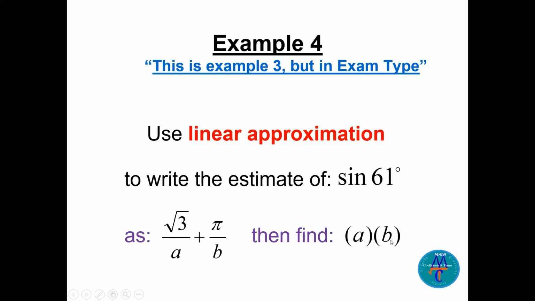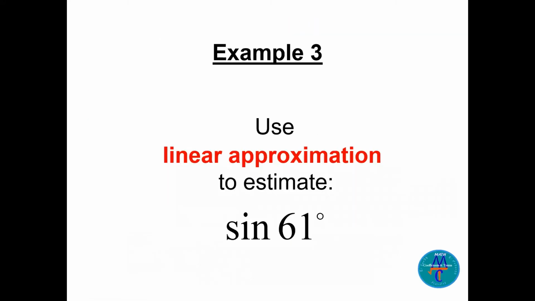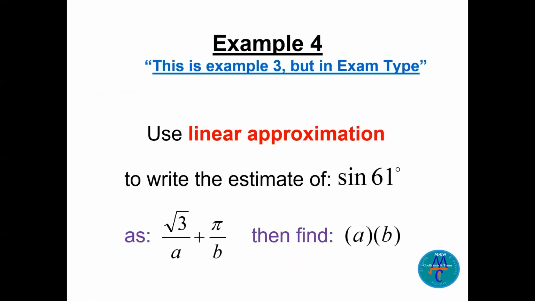So this is exactly example number 3. Estimate sine 61 degrees, but we can make it an exam type. You will get these numbers, then take a and b and multiply them.